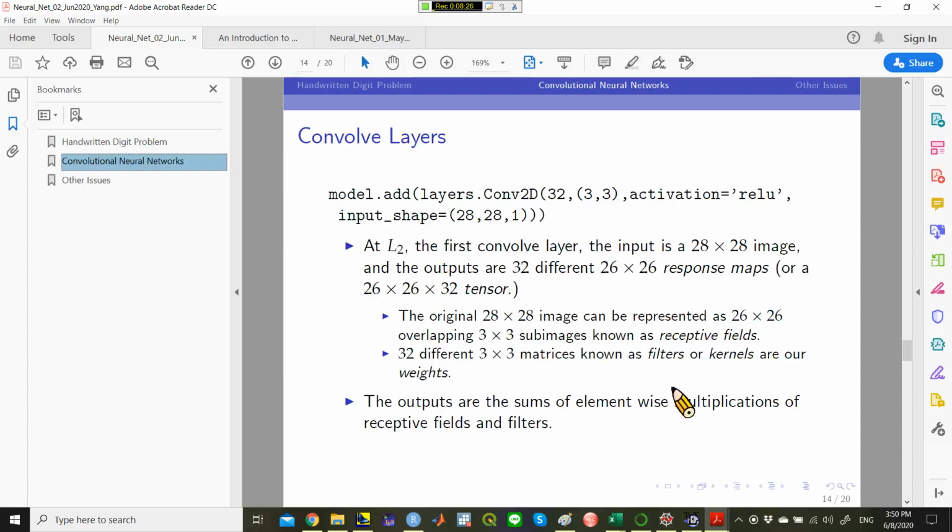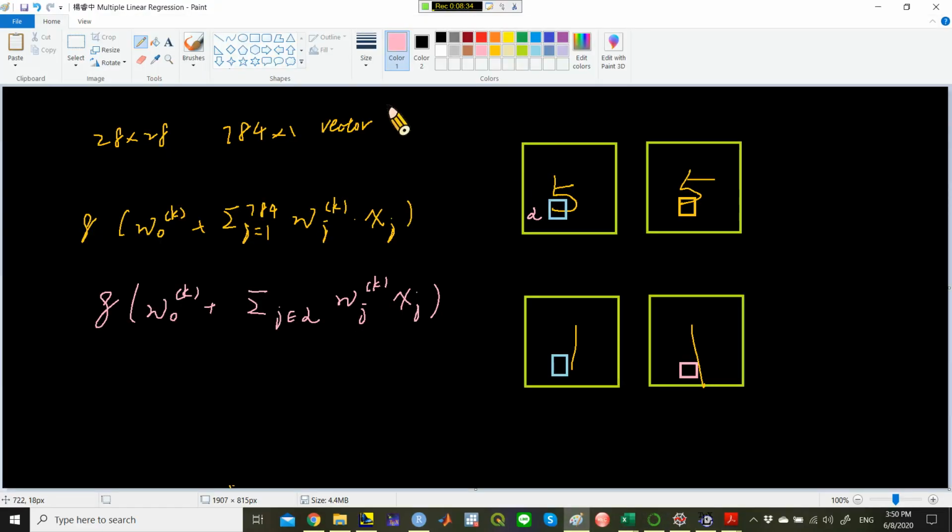So originally we have a 28 by 28 matrix. We may have one square here, a 3 by 3 square. Another square here, another square here, which can be overlapping, another square here. So in total, we will have 26 by 26 smaller squares.